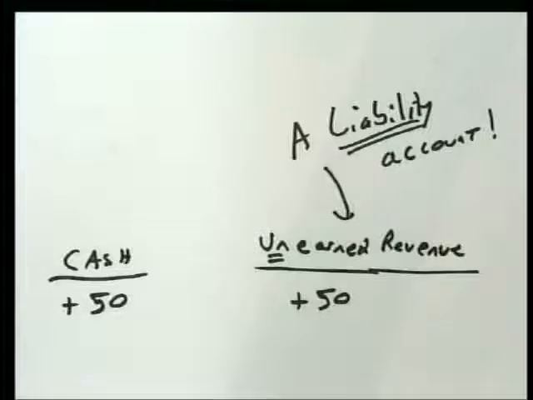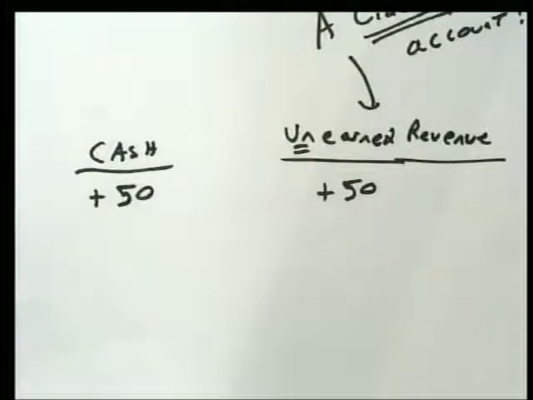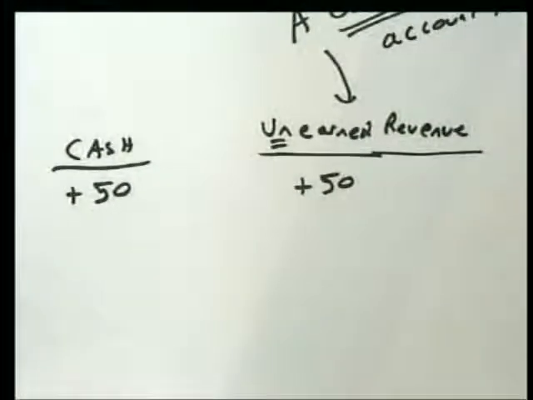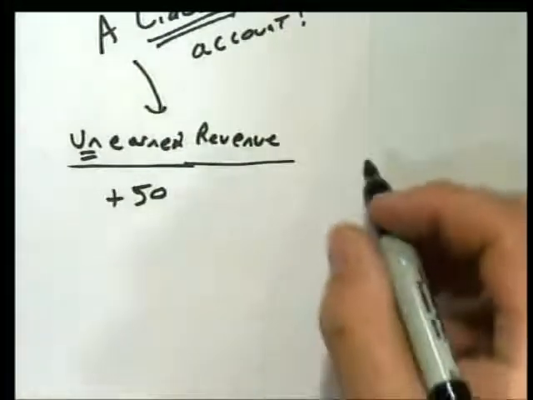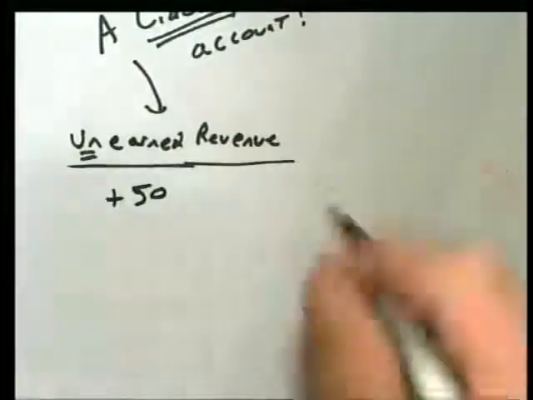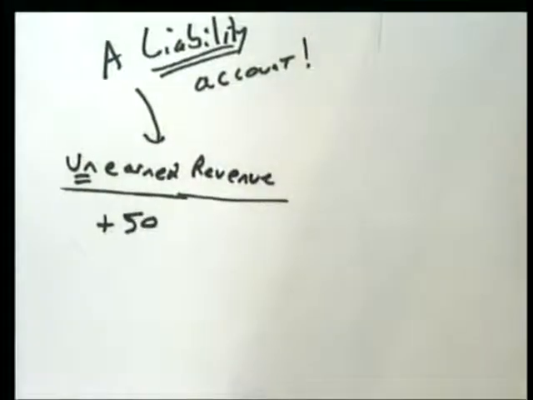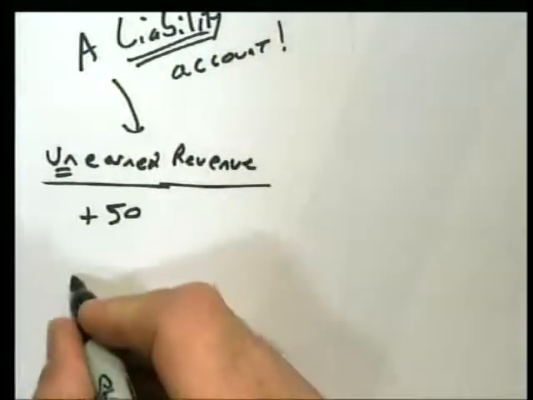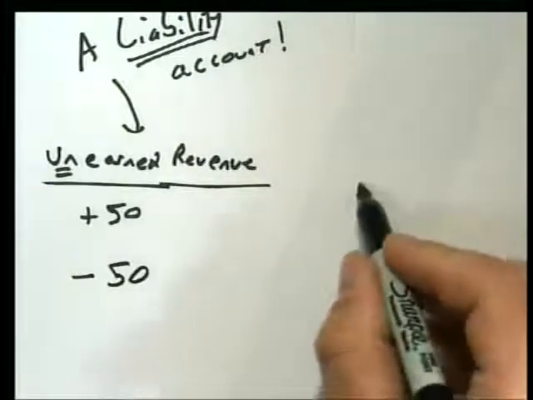Okay? Now let's talk about the transaction that would occur while we're on this situation. What's the transaction that would occur when I get done mowing that lawn? Well, when I mow that lawn, unearned revenue would go down because that liability has been decreased.